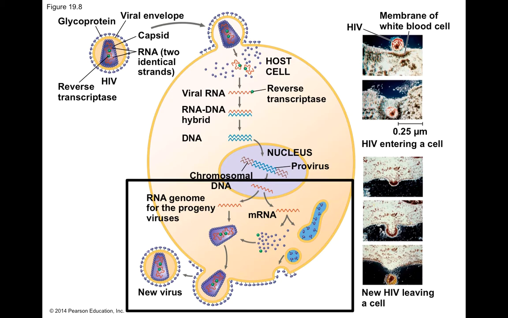From there, the cell's RNA polymerase can transcribe the proviral genes into RNA to either be used for the new virus genome, or to make more capsids, reverse transcriptases, and glycoproteins for the new viruses. And after assembling themselves into the little army of viruses, they bud from the host cell, destroying the cell in the process. Just a heads up, College Board has always liked retroviruses and reverse transcriptase.